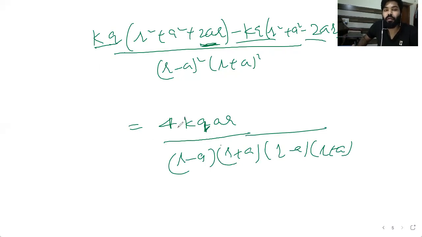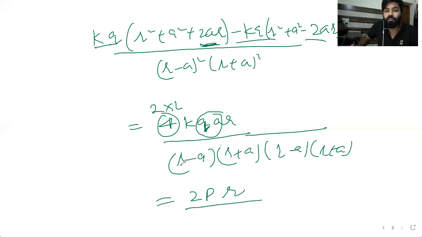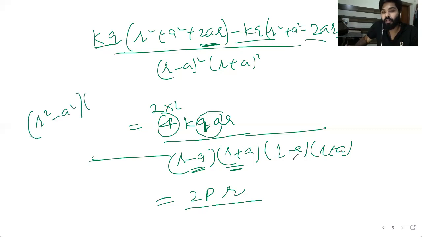2aq, 2 times 2. So this is 2 times p. When you arrange for qa, you will get 2 times p, and you have r here. In the denominator, r minus a times r plus a makes r square minus a square, and this is also r square minus a square.